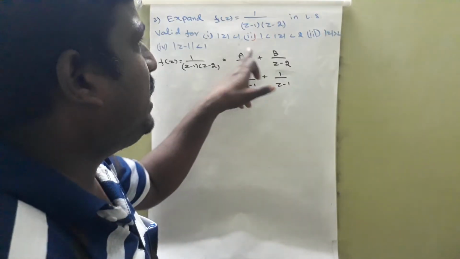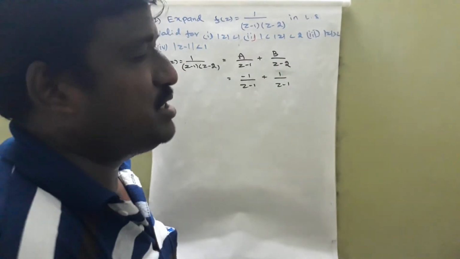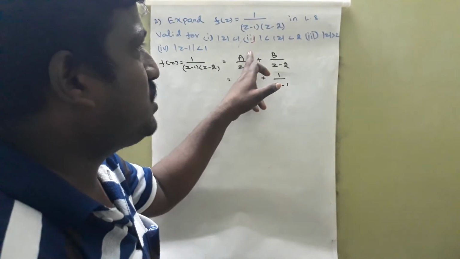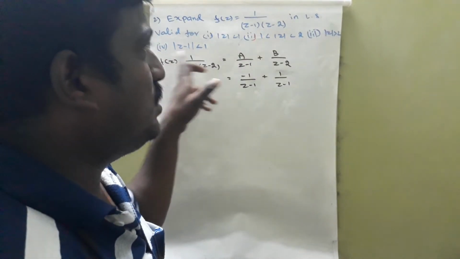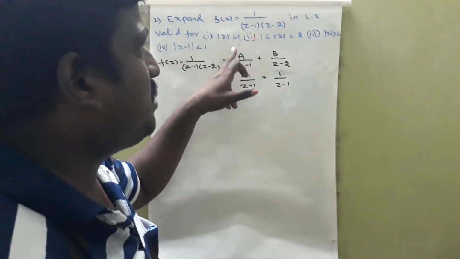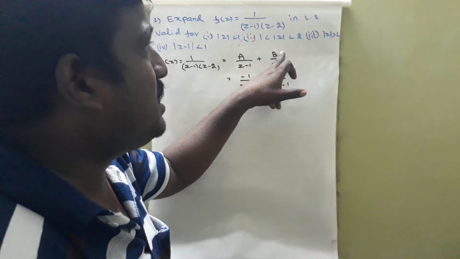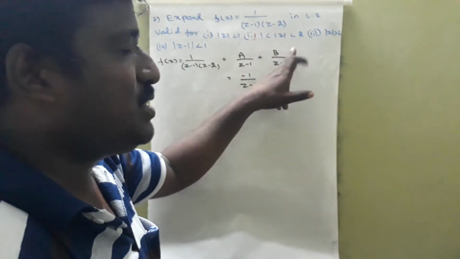What do you get? a into z minus 2 plus b into z minus 1. Denominator I have z minus 1 into z minus 2. For what value of a and b does the numerator become 1? Here I have z minus 2, here I have z minus 1. I need plus 1 here, because this is the bigger number. If you put minus here, minus z plus 2 plus z minus 1, minus z plus z cancel, plus 2 minus 1 is 1.